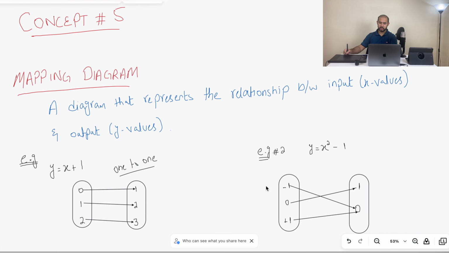Now notice over here that for multiple values of x, I am getting a single y. So that means this function is many to 1. I hope that explains the concept of mapping diagram as well.